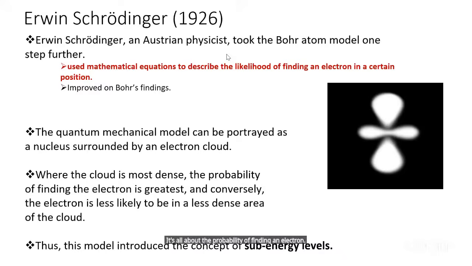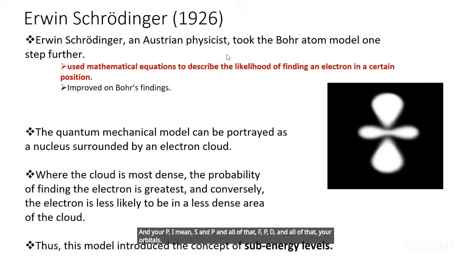The probability of finding this electron is greatest where the cloud is most dense, and where you have a less dense cloud, electrons are less likely to be there. This model is what introduced the sub-energy levels. Like in the second energy level, you have your s and your p, and d and f, your orbitals.